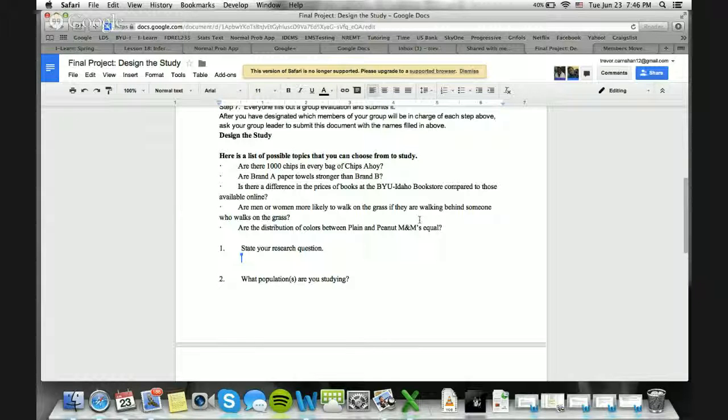Or wouldn't our null hypothesis be that there is no difference between credit card users and other payments? And our alternative hypothesis would be that, do you want to say that there's more or less, or just that there is a difference? Do you want it to be a one-tailed or a two-tailed study? Let's make it a one-tailed. Let's say that there's more.